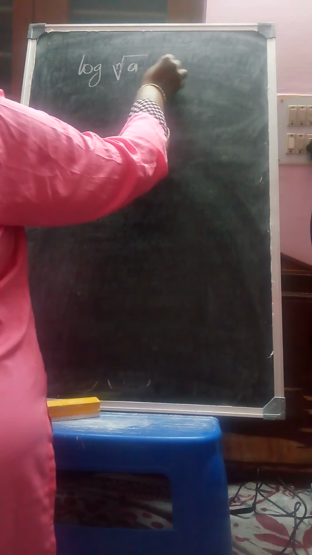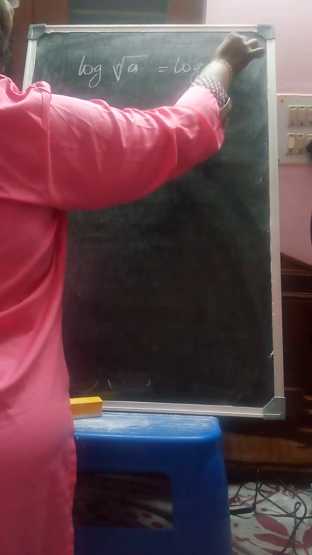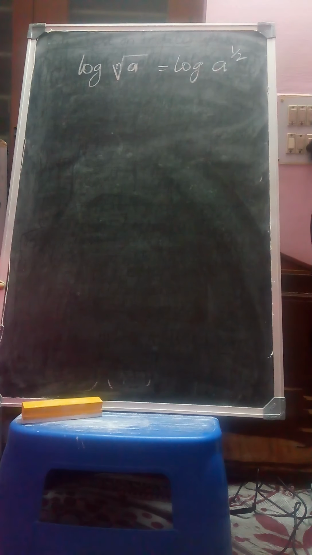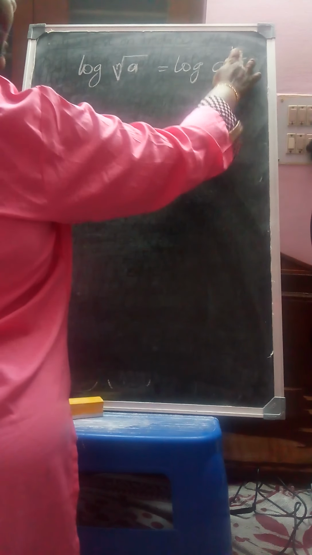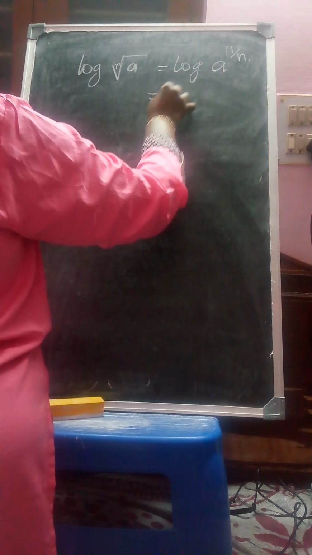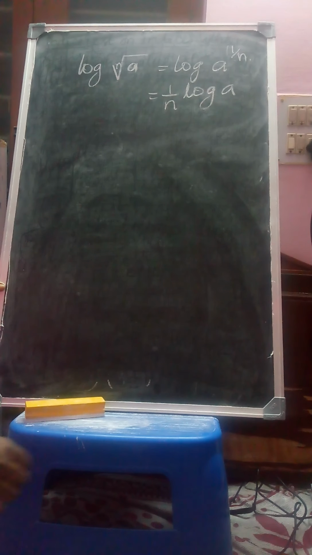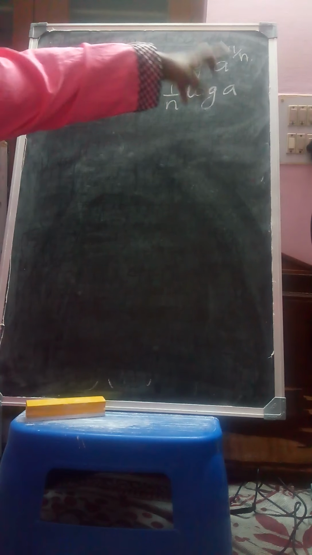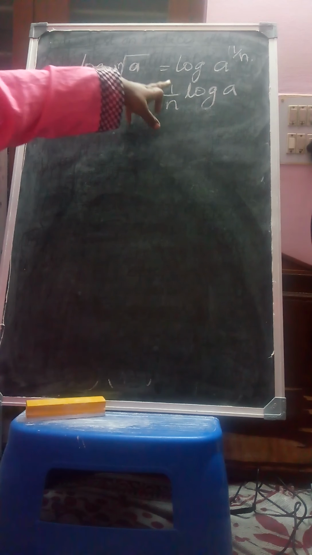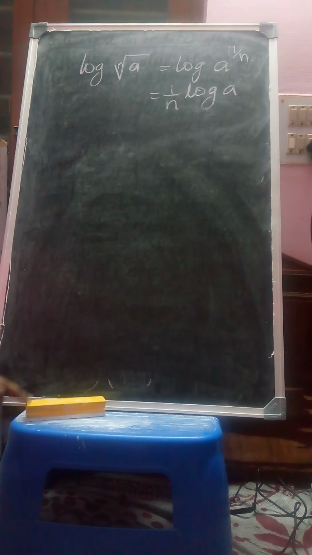Whenever it is nth root, it is a raised to the power of 1 by n. This 1 by n will come before log, so 1 by n log a. This is another thing you should remember. If it is nth root, it will come as 1 by n. If it is square root, it will be 1 by 2. If it is cube root, it will be 1 by 3.